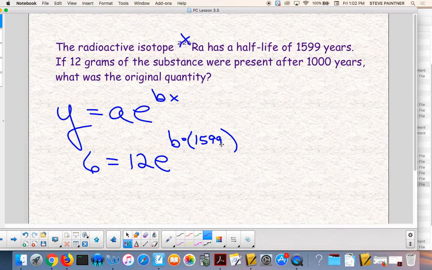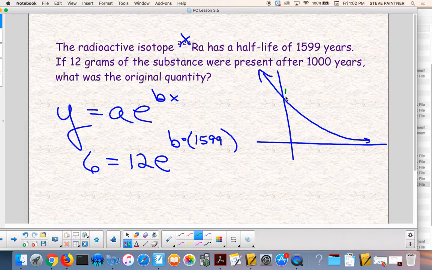Now, if I drew you a quick picture, you might want to do this, by the way. This is decay, and you know it goes like this, right? Since I went with Hunter's 12, I'd have to put Hunter's 12 right here. And then it says 1,599 years from now, how much is left?